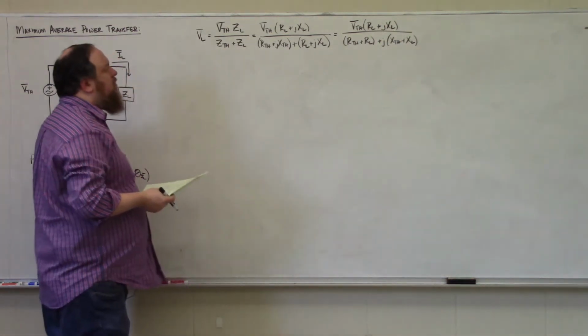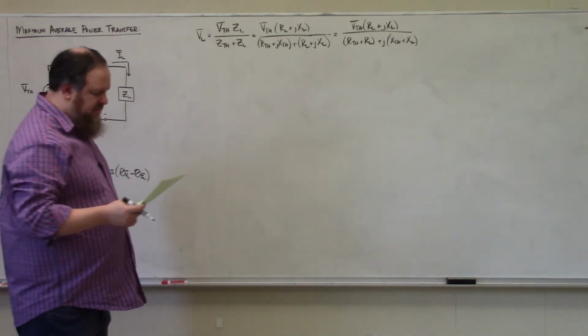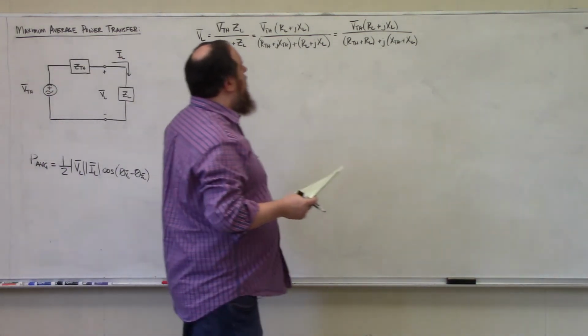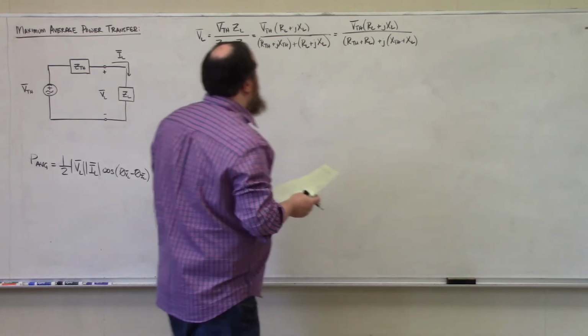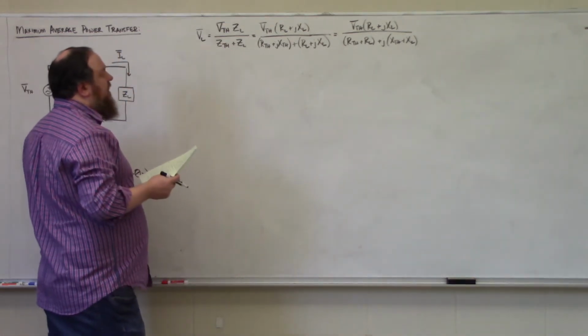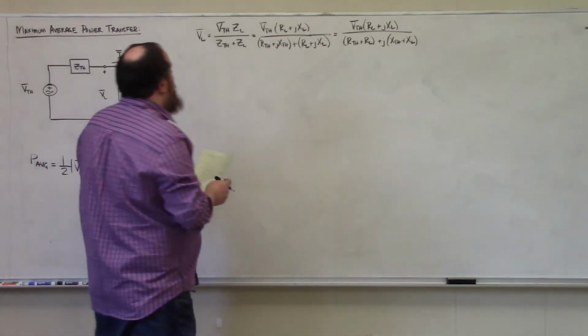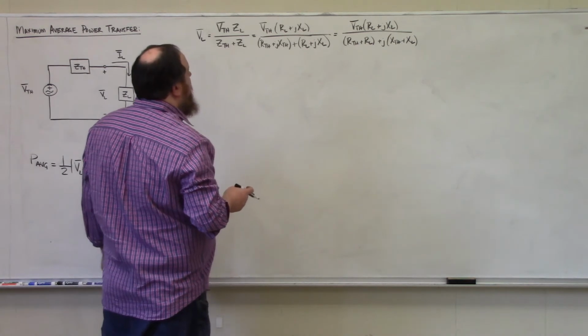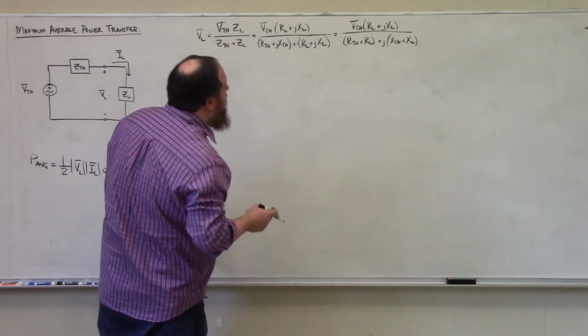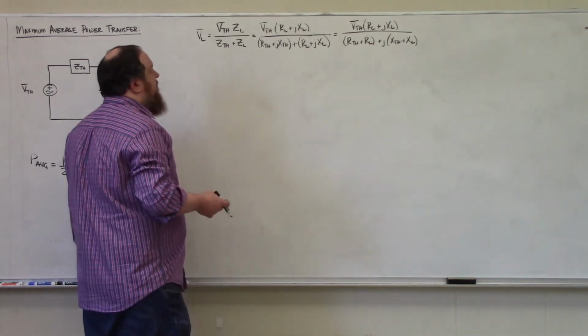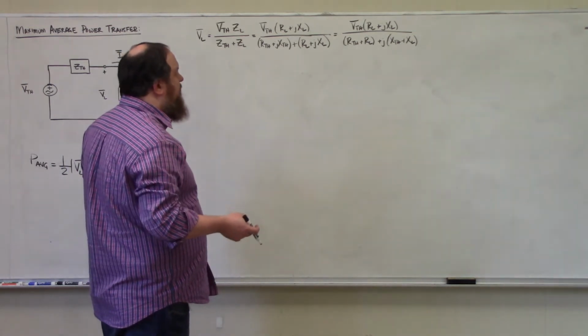Hopefully at this point we're comfortable enough with complex numbers that we can figure out what the magnitude of this is going to be. So the magnitude of a complex number is the square root of the complex number multiplied by its complex conjugate.